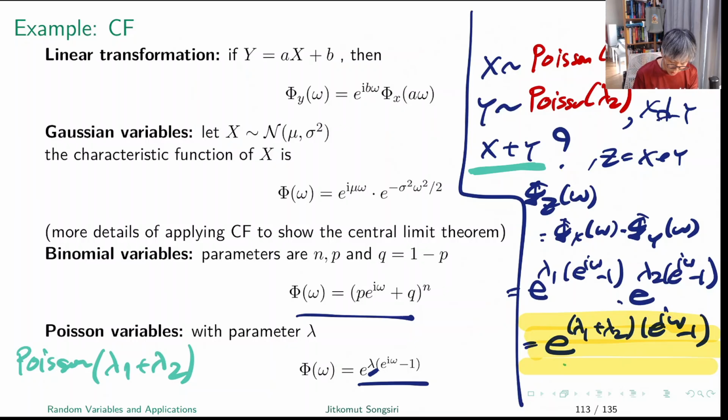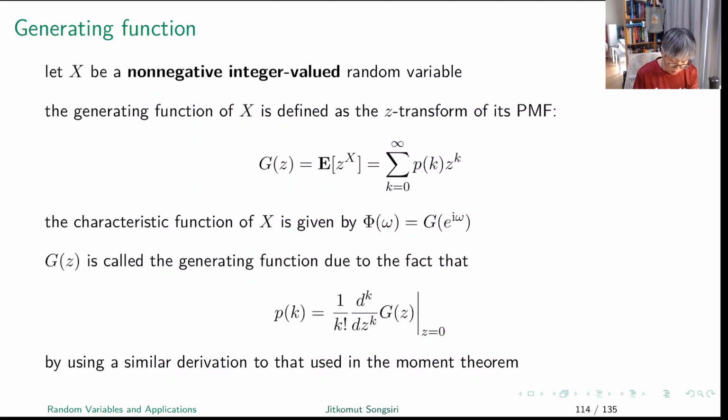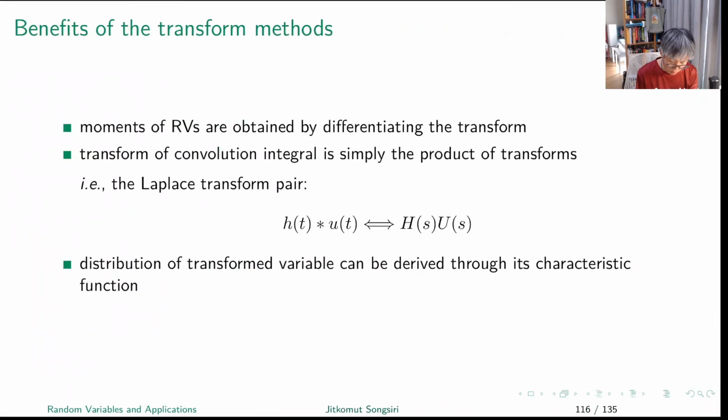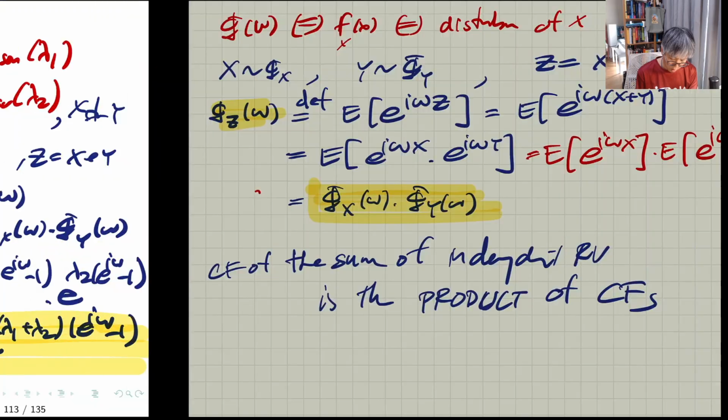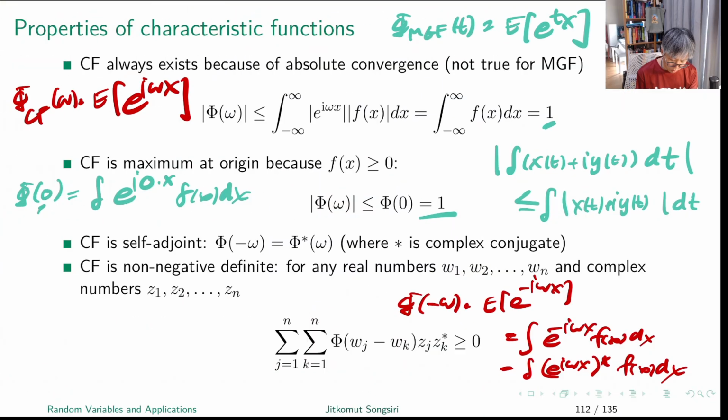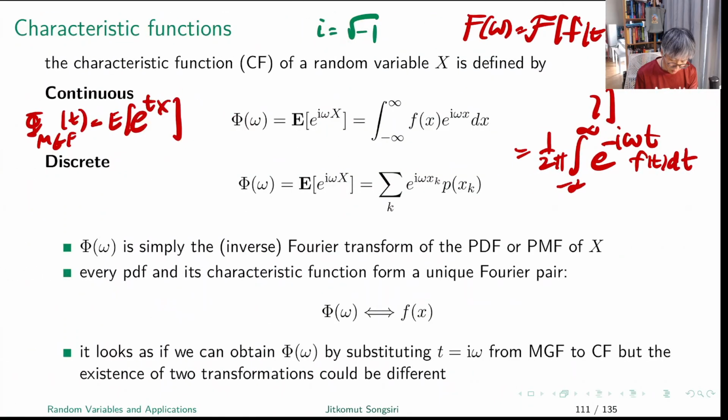This is an example of how you can make use of the transform method in recognizing the distribution function of a random variable. I hope that you do the exercise. For a given distribution, can you derive the CF?